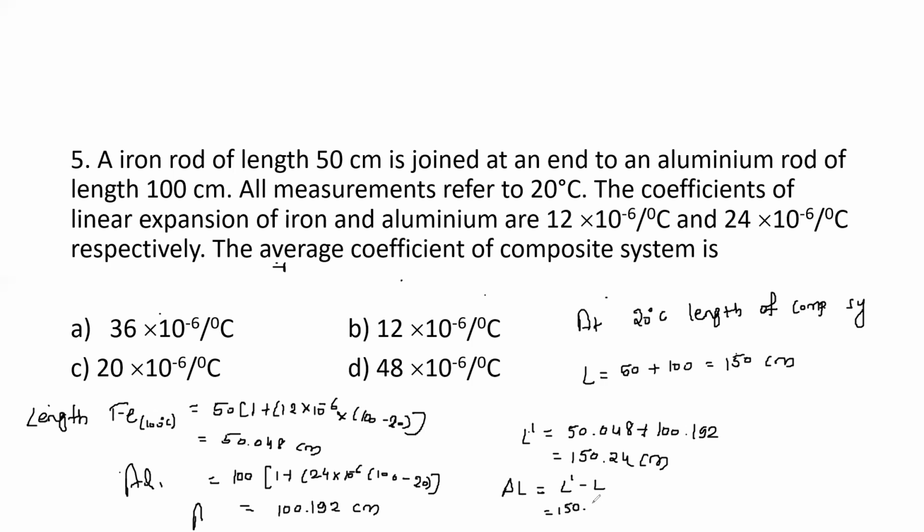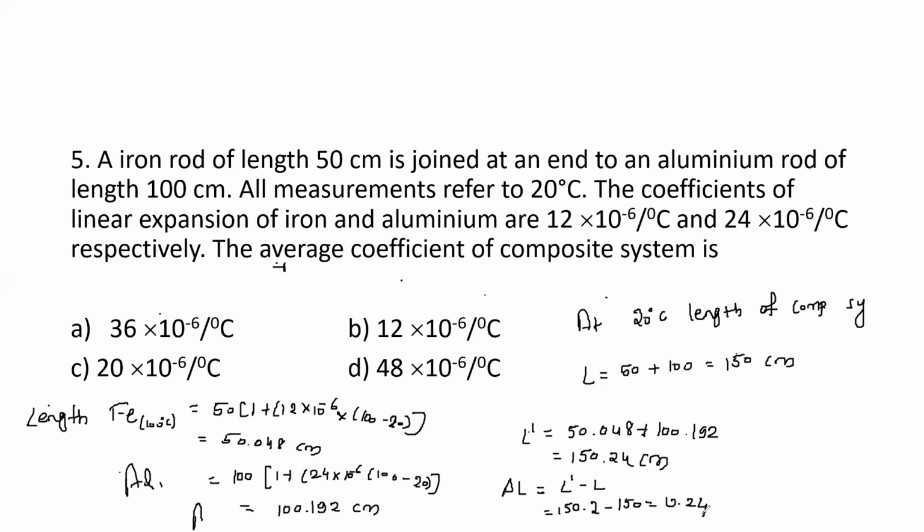It is 150.24 minus L value is how much? It is 150. Therefore, we will get 0.24 as the change in length. What we need to calculate? We need to calculate the average coefficient of composite system. That is alpha value we need to calculate for this change in length.